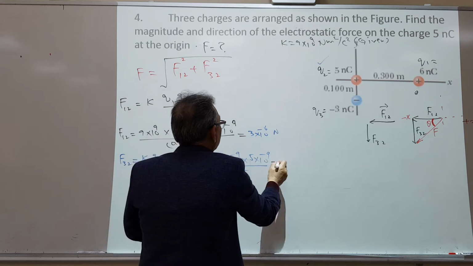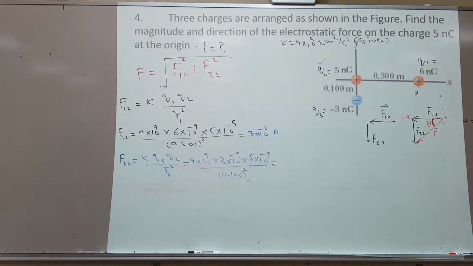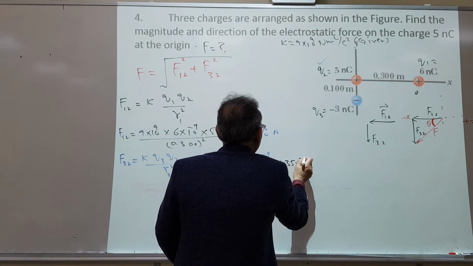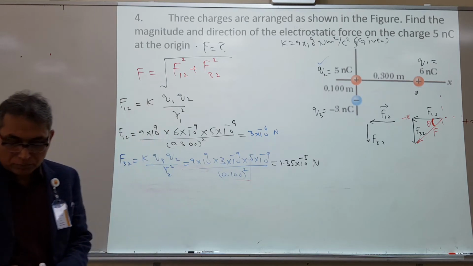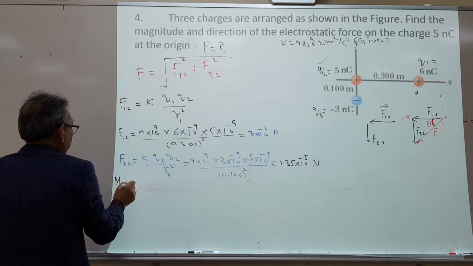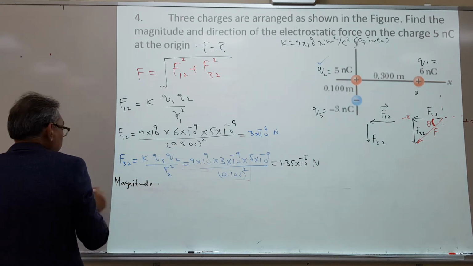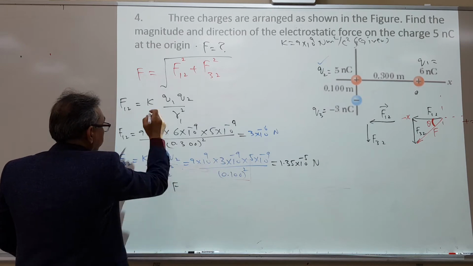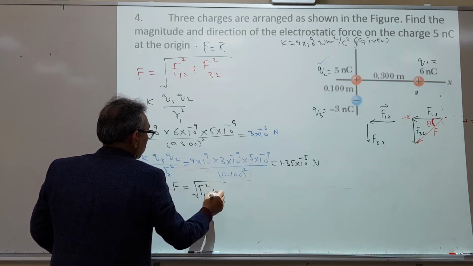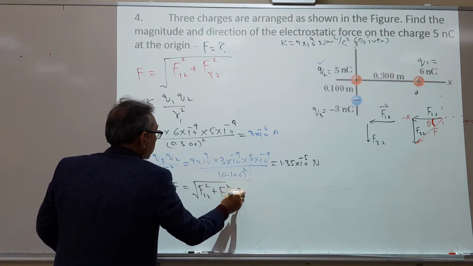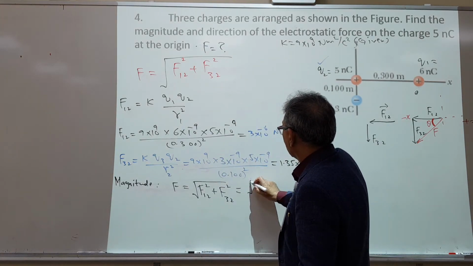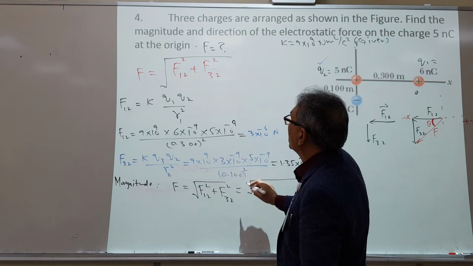So you would get here 1.35 times 10 raised to power minus 5 Newton. So the magnitude, as I told you, will be F12 squared plus F32 squared. So you have F12, how much?